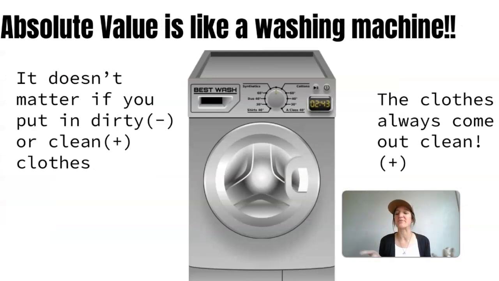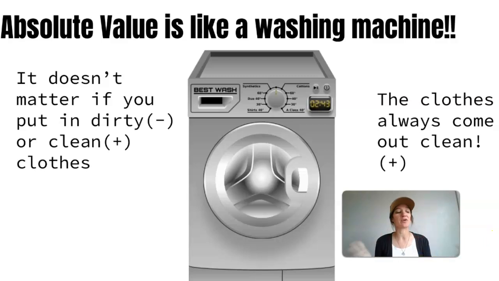So one way that you might be able to think of absolute value is, think of any number with the absolute value bars being put in a washing machine, and when something goes in a washing machine, it comes out clean, right? Whether it was already clean to go in to begin with, or if it was super dirty, it always comes out clean. And that's the same with absolute value.